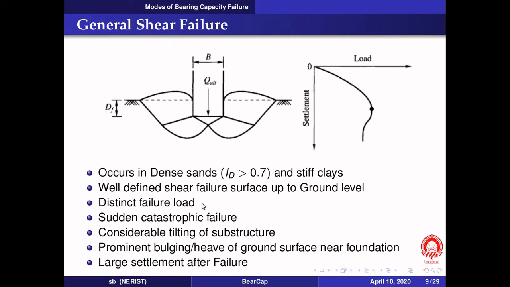We have a distinct failure load in this mode of failure, and there will usually be considerable tilting of the foundation, and also there will be bulging or heaving of the soil near the foundation at the ground surface, and this heaving is quite prominent in case of general shear failure.